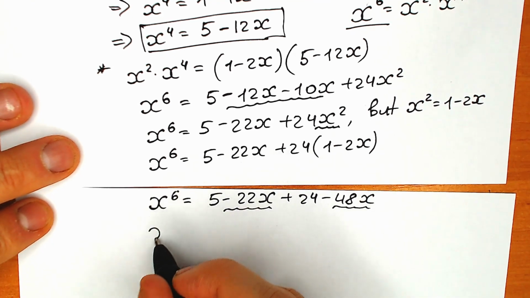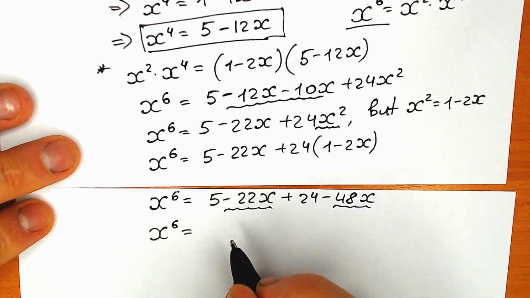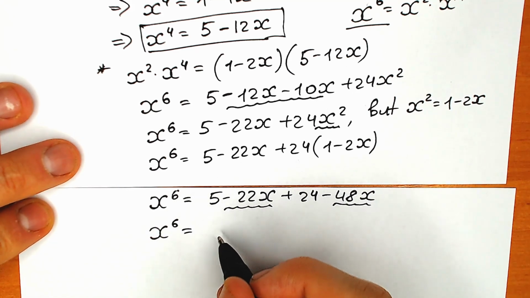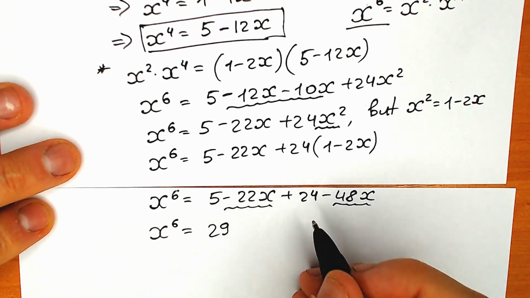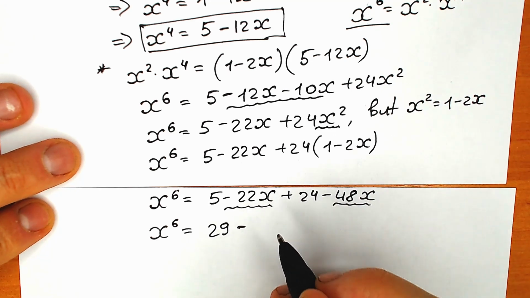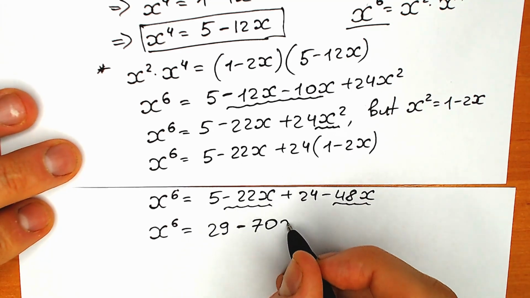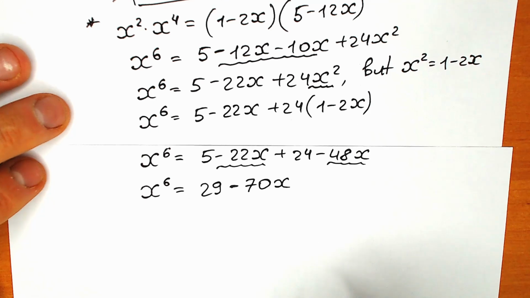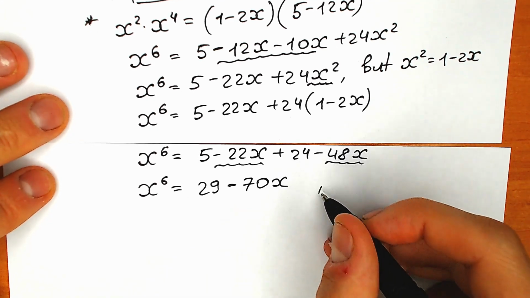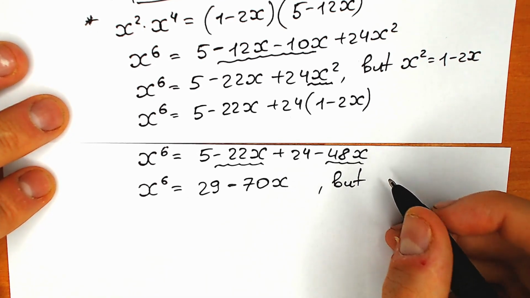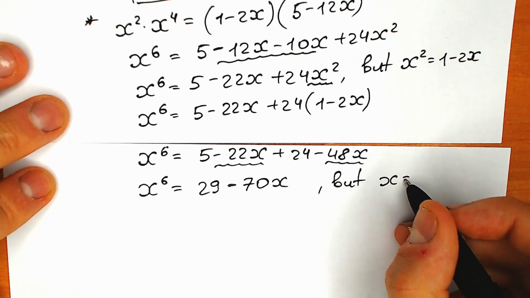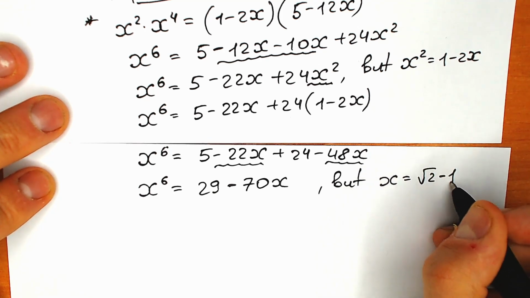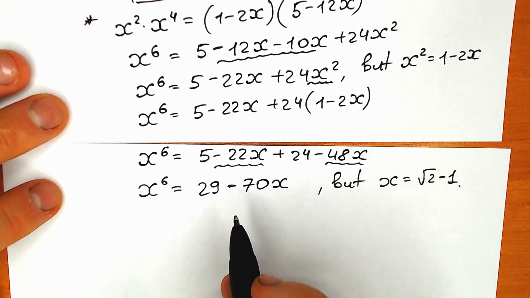So as a result, we have x to the power 6 equal to 5 plus 24, which is 29, and right here we have minus 70x. And don't forget about the substitution that we had in the beginning, because our x equals square root of 2 minus 1. So instead of this x, we can easily plug in this square root of 2 minus 1.